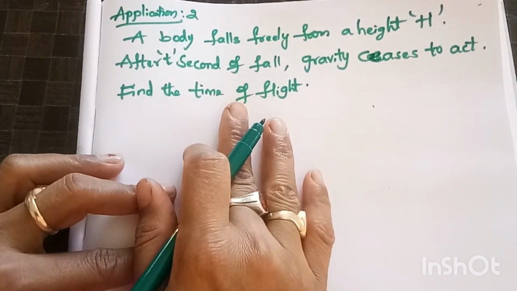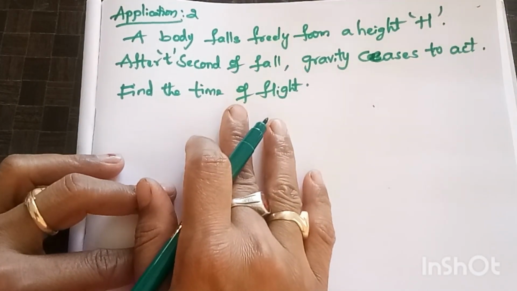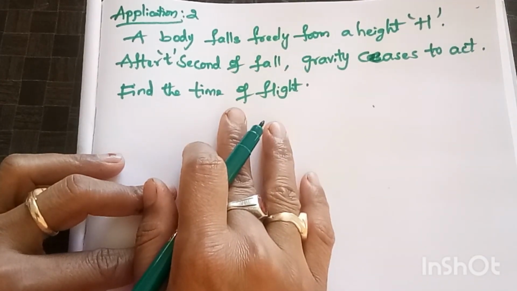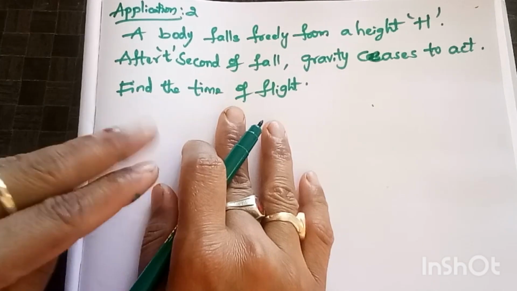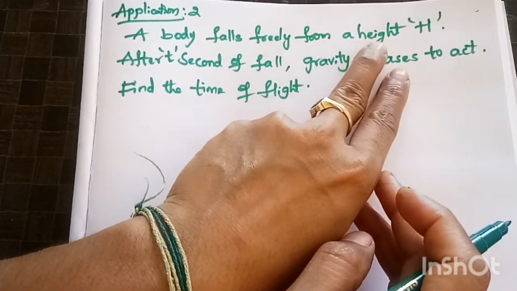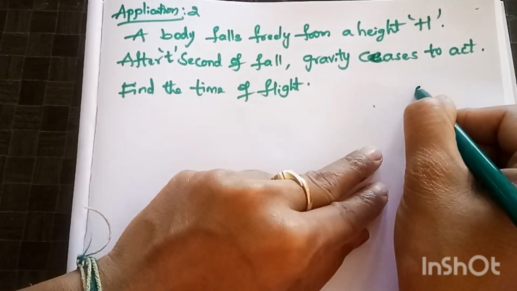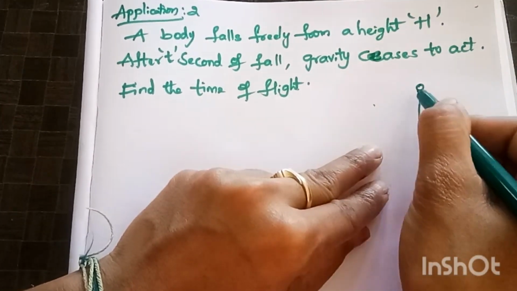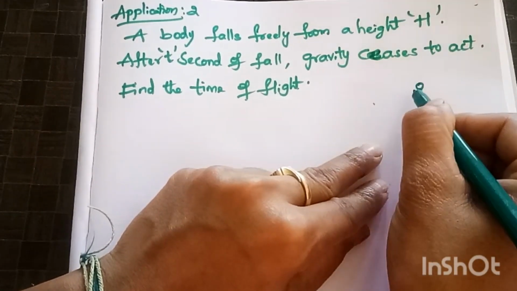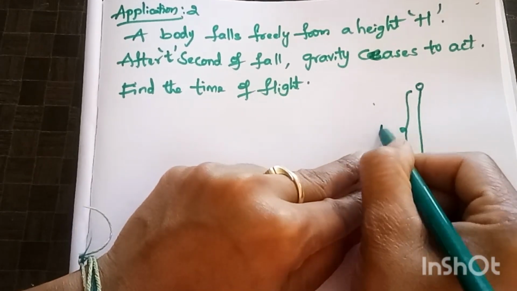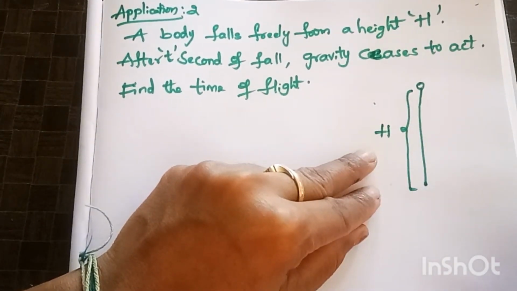So now we are going to discuss one more important application which is very important in problem solving. A body falls freely from the height h. This is the height traveled by the object.